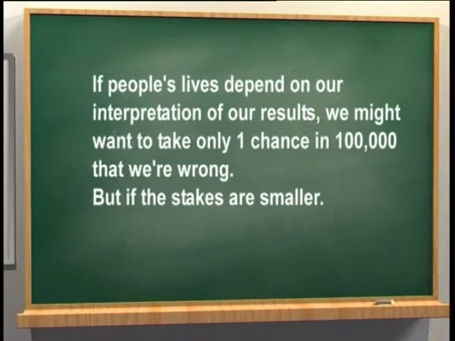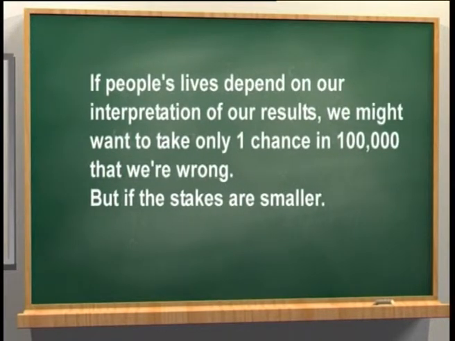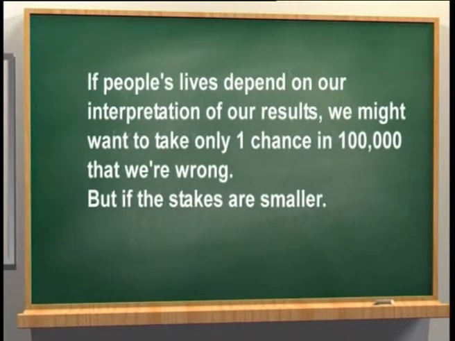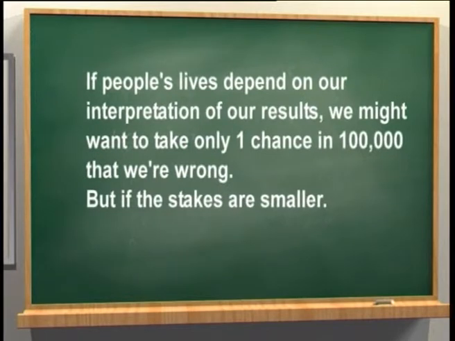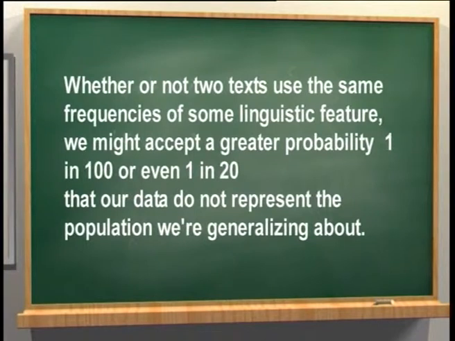If people's lives depend on our interpretation of our results, we might want to take only one chance in 1 lakh that we are wrong. But if the stakes are smaller, for example, whether or not two texts use the same frequencies of some linguistic feature, we might accept a greater probability, 1 in 100 or even 1 in 20, that our data do not represent the population we are generalizing about.